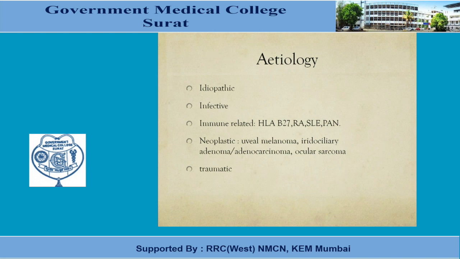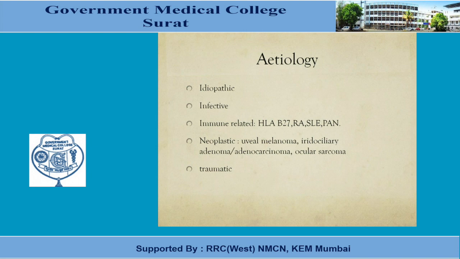Okay. So next is infective, which can be mainly bacterial. Okay. Immune related, these are the HLA-B27, rheumatoid arthritis, SLE or polyarteritis nodosa. Quite a few patients are presenting with uveitis in these particular cases.